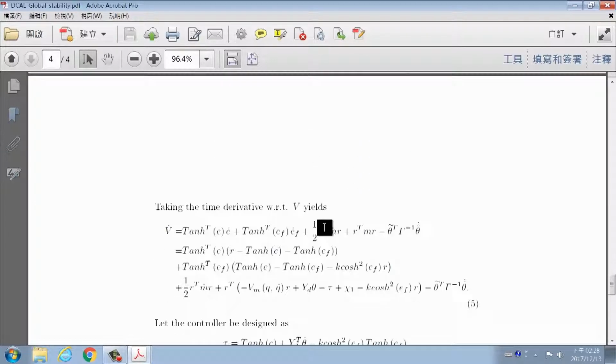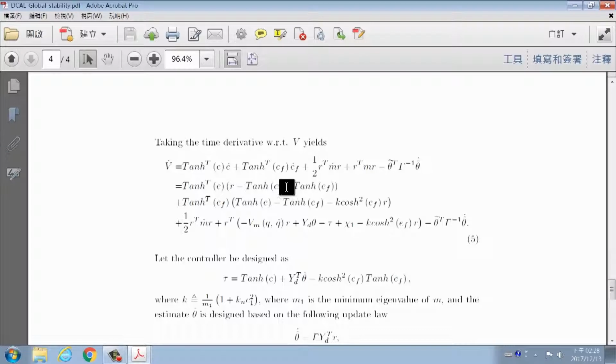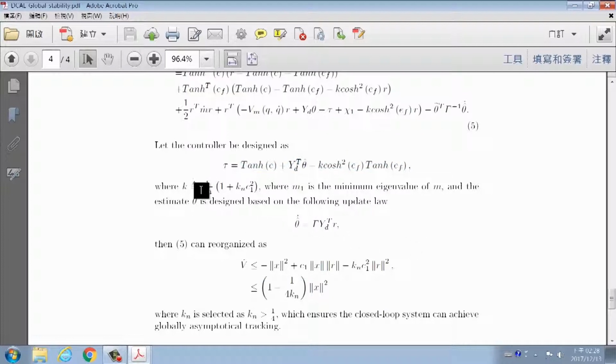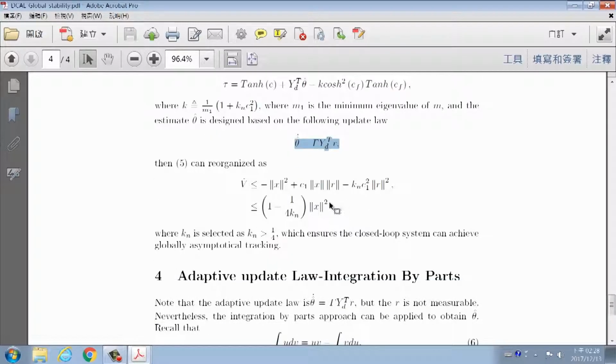Okay, and you take the time derivative on V, you substitute the closed-loop dynamics, regrouping the terms, and you design the torque by this. Okay, and you select the control gain by this adaptive law, and eventually you will see that the selection of the gains doesn't depend on your initial conditions, right?